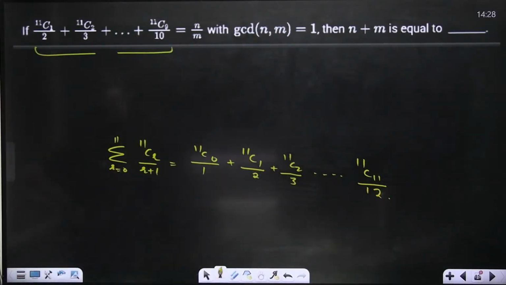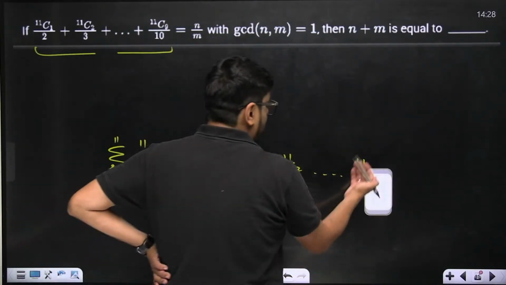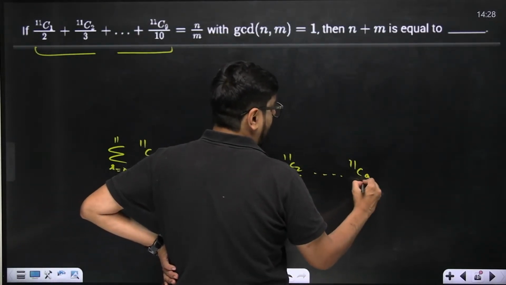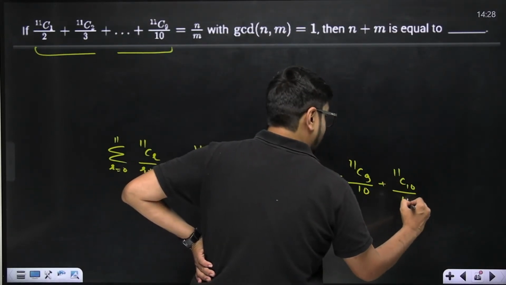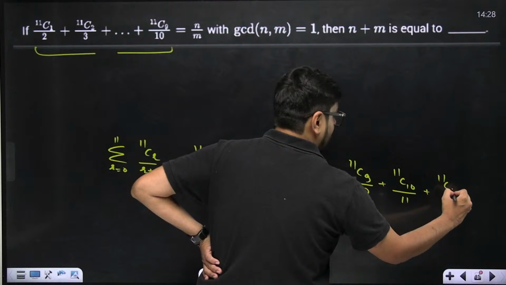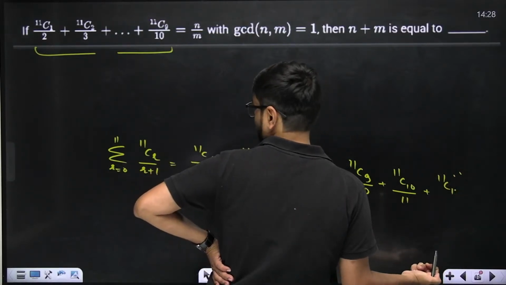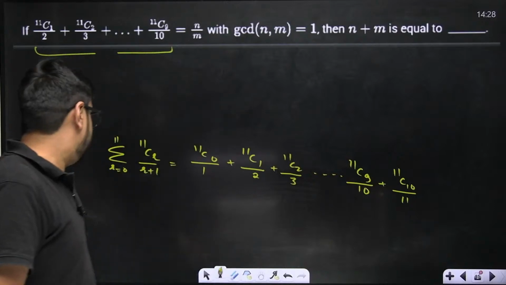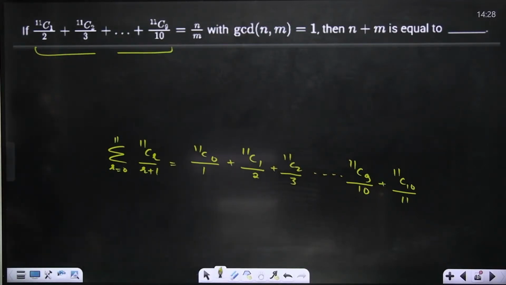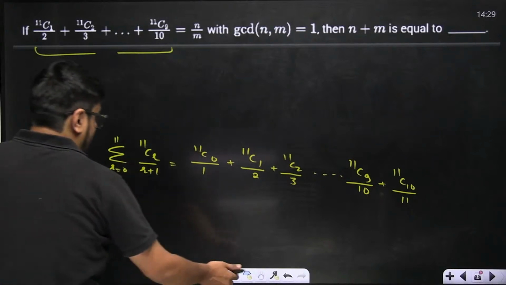And the last few terms: 11C9 divided by 10 plus 11C10 divided by 11 plus 11C12, which cannot happen here. 11C10 divided by 11, 11C12 cannot happen. Till 11C10 it will go. So r will be from 0 to 10.